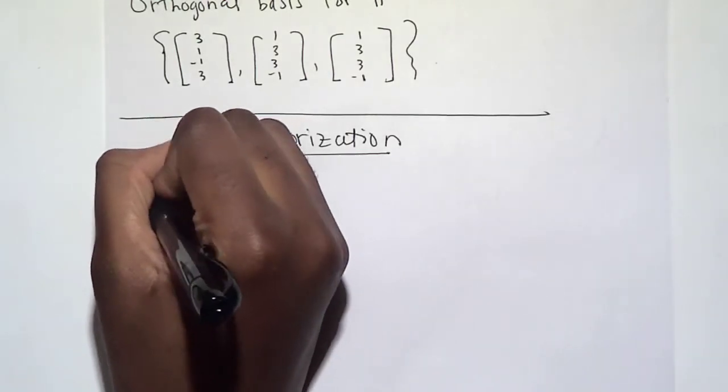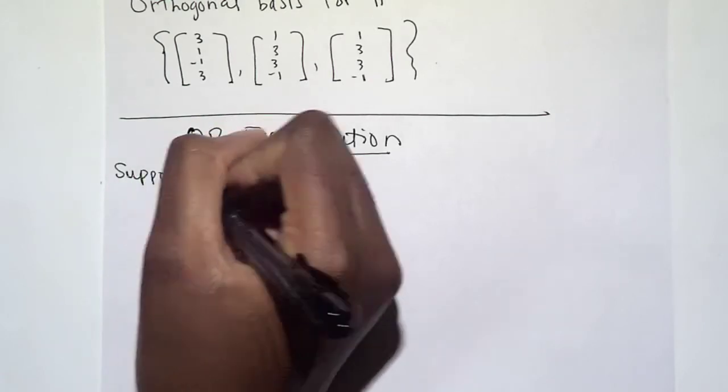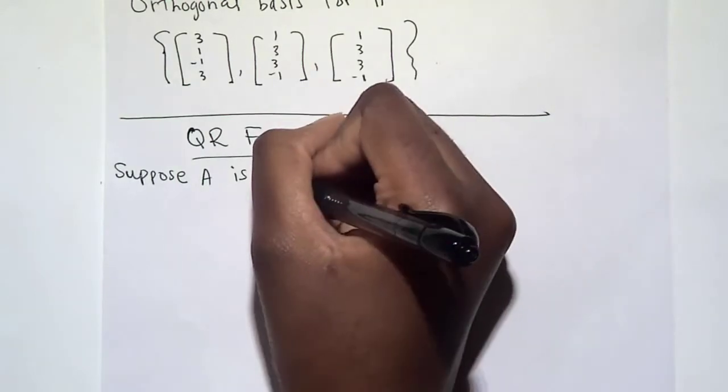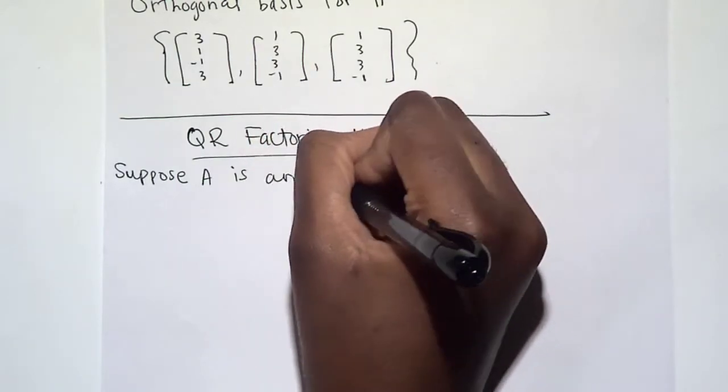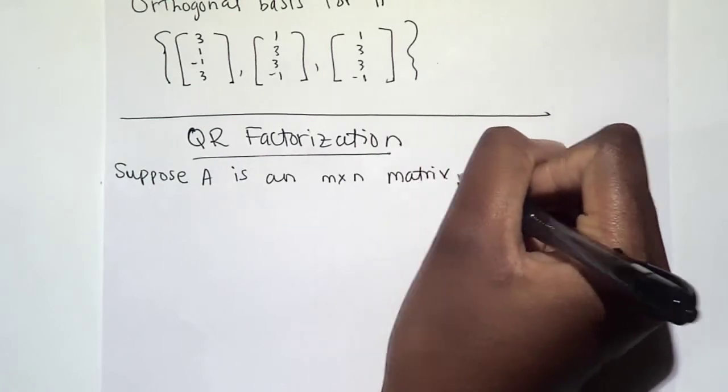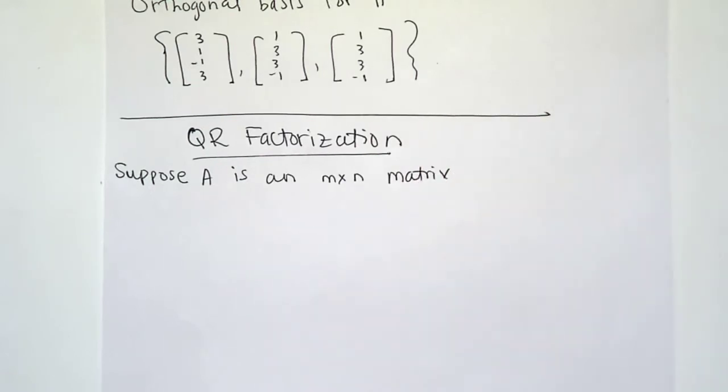So suppose we have a matrix A. Suppose A is an M by N matrix. I think this is the first factorization method where we don't have to have a square matrix.